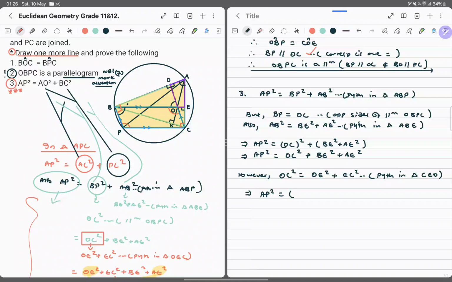Wait a minute, what is this now? So this is OE squared plus EC squared, okay? Plus BE squared plus AE squared.